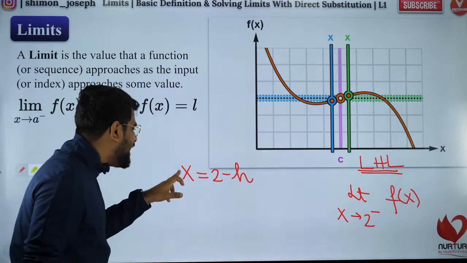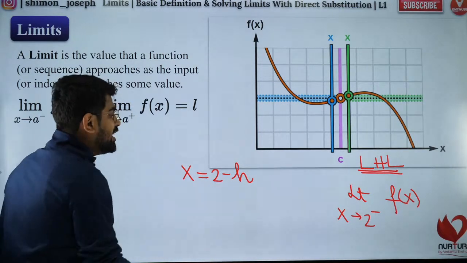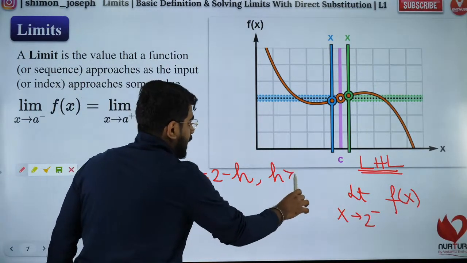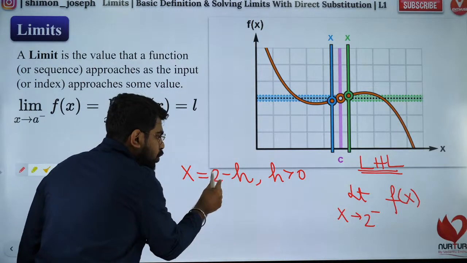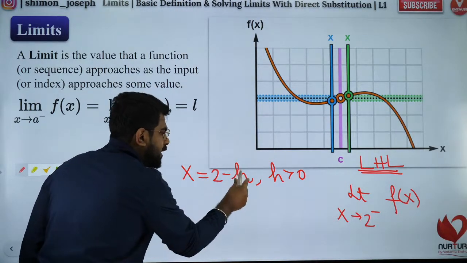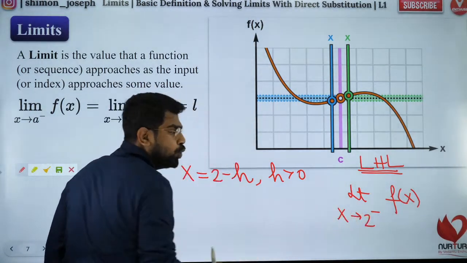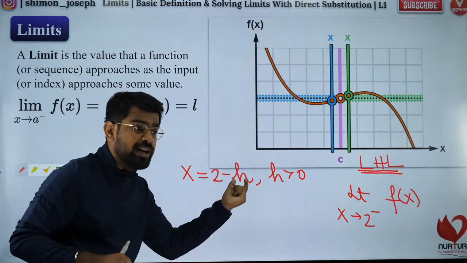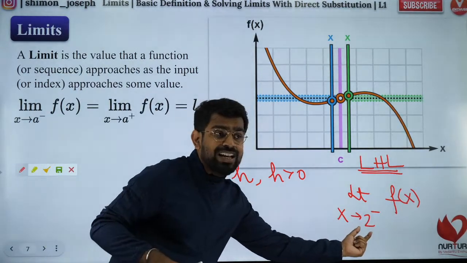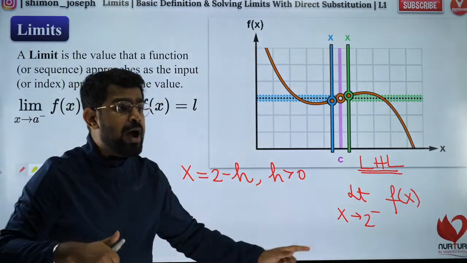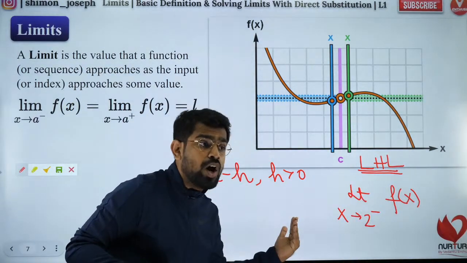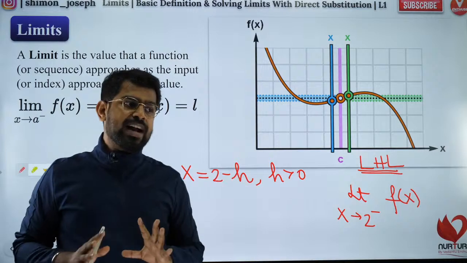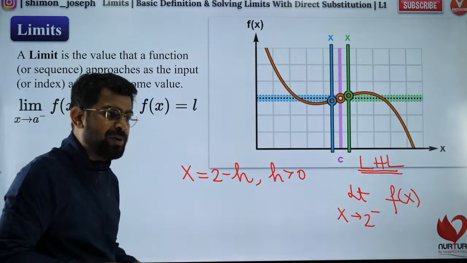So I'll take x as 2 minus h where h is some positive number. Because from 2 if I subtract a positive number only, it will be to the left side of 2. Only then it will be lesser than 2. Because I want to come from the left side of 2. Everybody clear with that? Are you all happy with it?